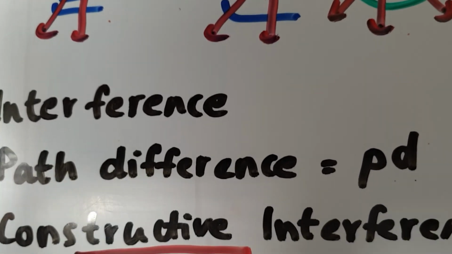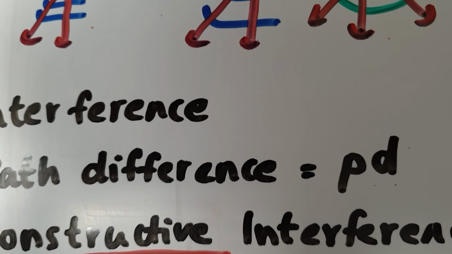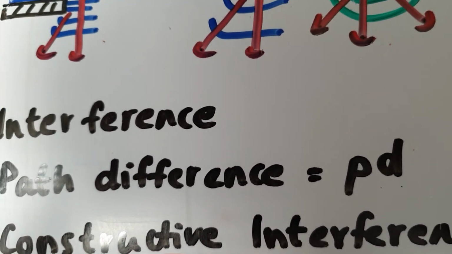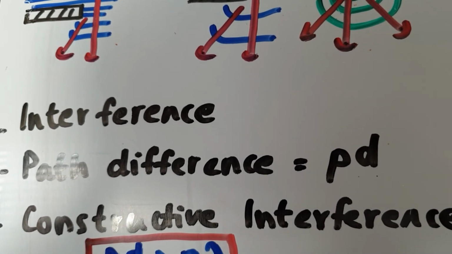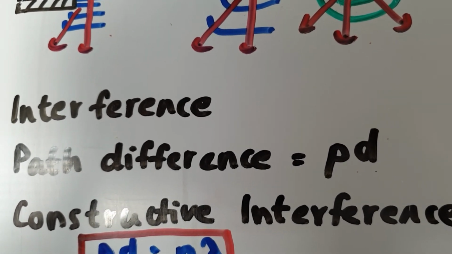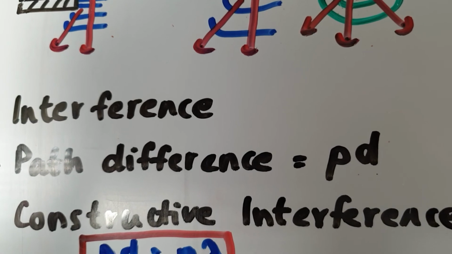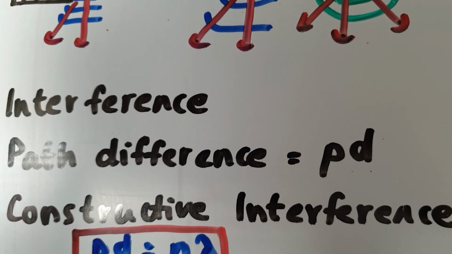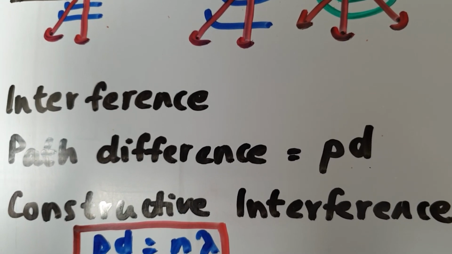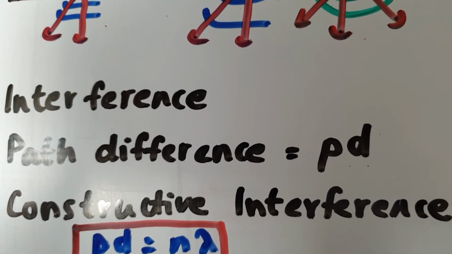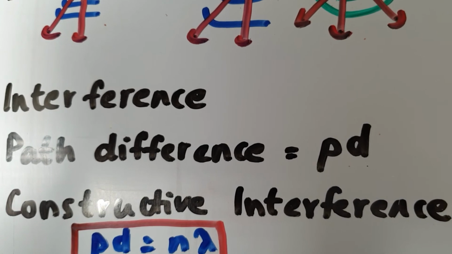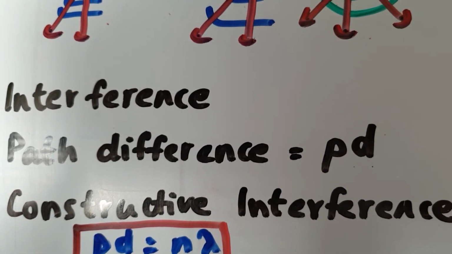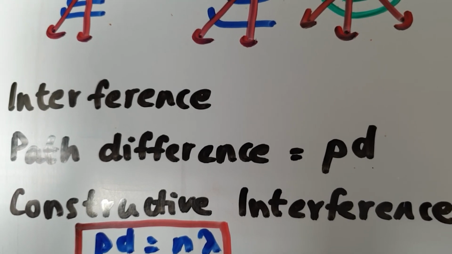Now, also, this interference can be constructive or it could be destructive. The word constructive is building up. So when do you get constructive interference? Constructive interference happens when the waves interfere in phase. That means where a crest combines with a crest or a trough combines with a trough. So they build each other up, and the building each other up results in high amplitude waves.